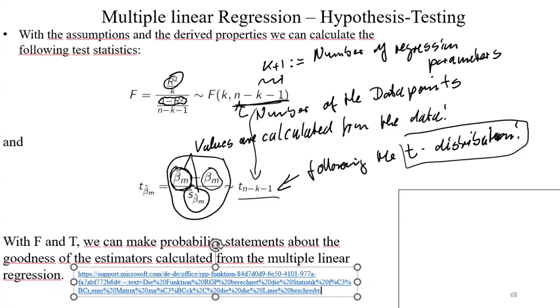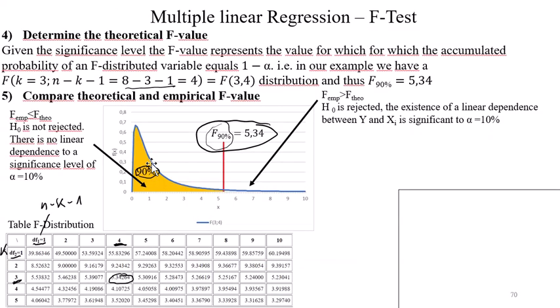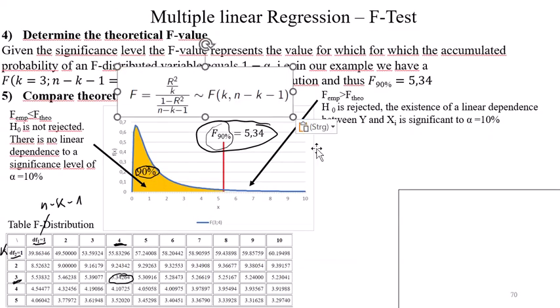Okay, so using this software package, we have obtained an R squared of 0.72. And here we have our F value. Let's copy this one also here.